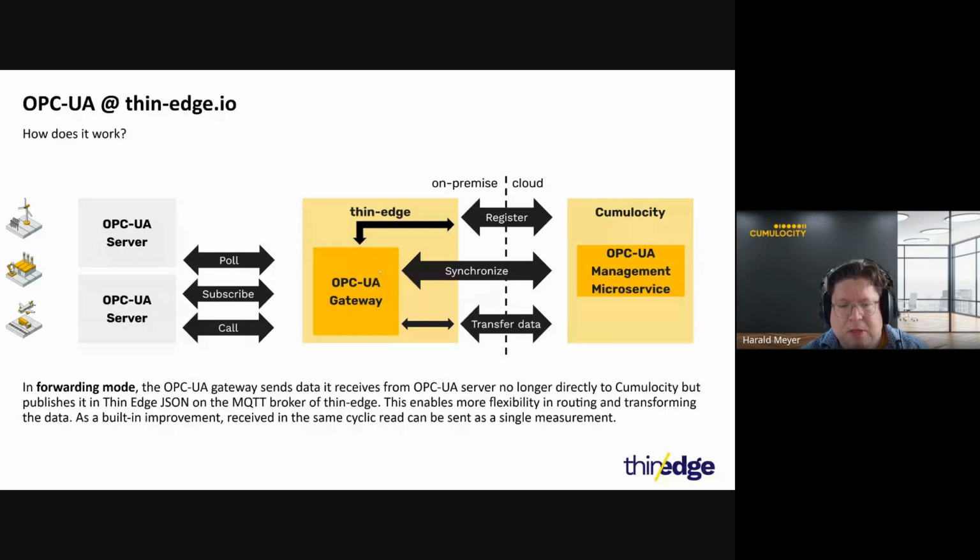As a part of this functionality, we actually also have another improvement. So in its standard mode, the OPC UA gateway will send each measurement that it gets from an OPC UA server to Cumulocity as a single measurement.